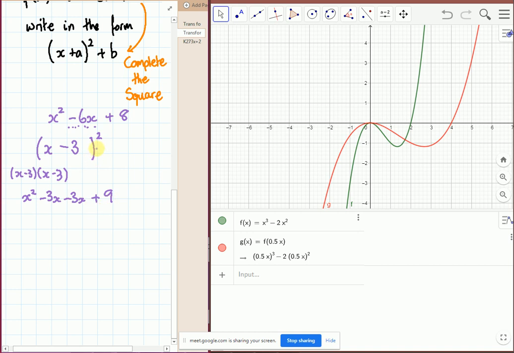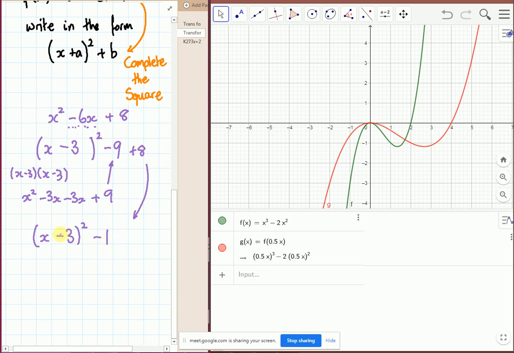So on the outside of this, I've got to correct for the plus 9. So I subtract 9 and then add on my plus 8. Don't forget you've got to make the correction first. So I now simplify this to being (x minus 3) squared minus 1.